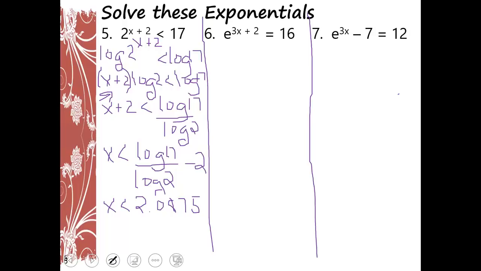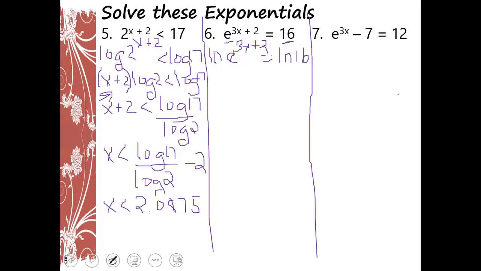All right, this next one is base e and base 16. They're different. Cannot get to the same base, so I'm going to apply ln to both sides. And notice that I applied ln to 16.